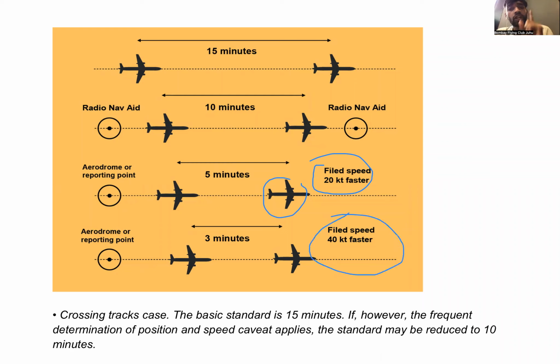So this is the longitudinal traffic separation for same track traffic, time-based traffic separation, right? Longitudinal same track traffic, time-based traffic separation. Are you getting it? Standard is 15 minutes. Navigation aid, if they are using, then it can be reduced to 10 minutes. Further, it can be reduced to 5 minutes if it's.